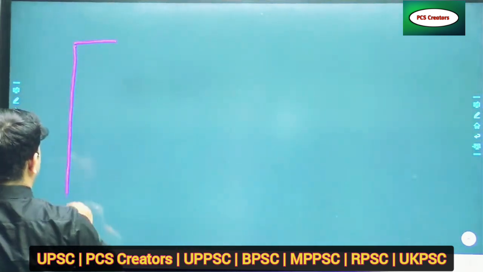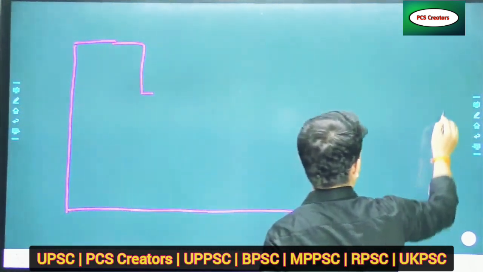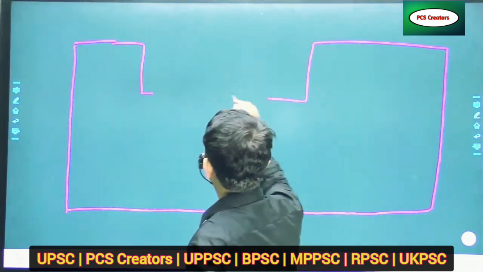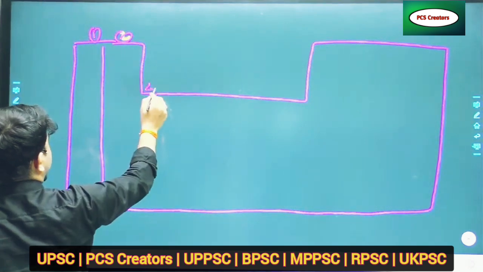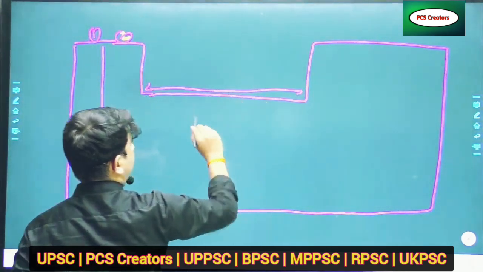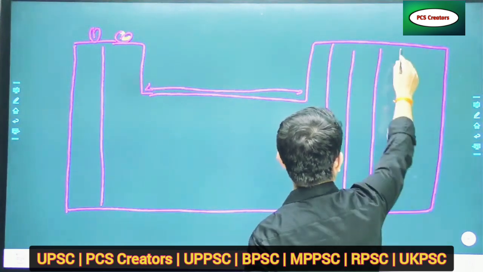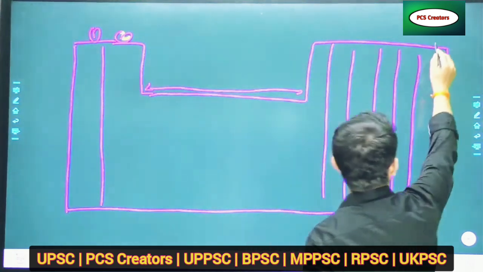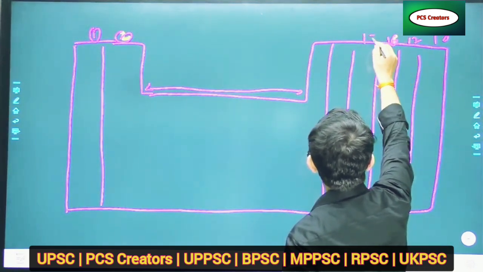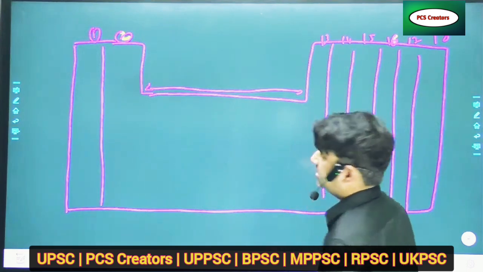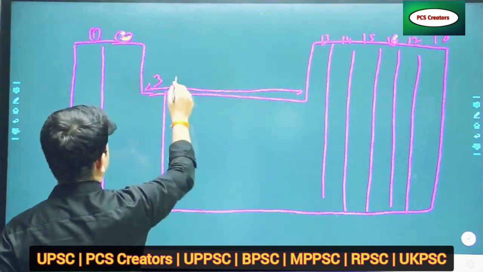So in our periodic table, these are group first, this is group second, and then these are 18, 17, 16, 15, 14, 13. So these are the groups, and then third, fourth, till 12th.